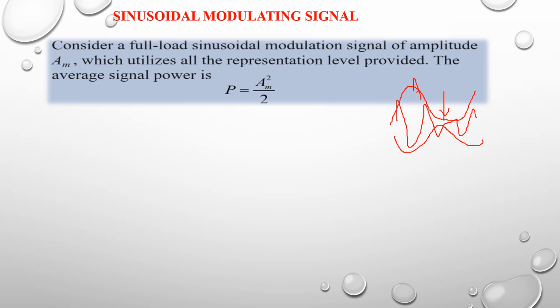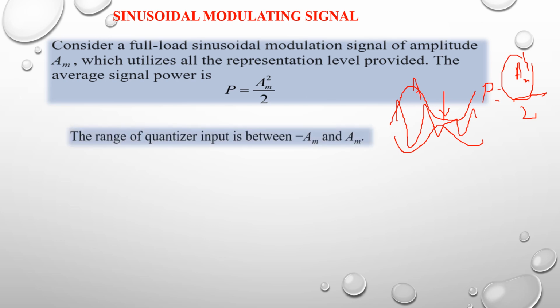In case of amplitude modulation, the average power P is equal to A_m square divided by 2, where A_m is the modulating signal amplitude. The range of quantization input is between minus A_m to plus A_m.